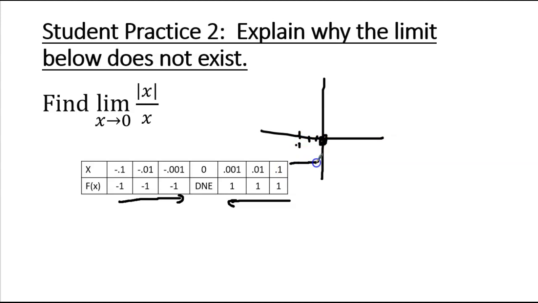And so we're approaching a value of -1 on the left, but on the right side, if I put 0.1 here, and 0.01 here, and 0.001 here, the y value is 1 the whole way across, so it's coming this way. So we're not approaching the same y value from the left and from the right. And so this is an example where the limit does not exist.